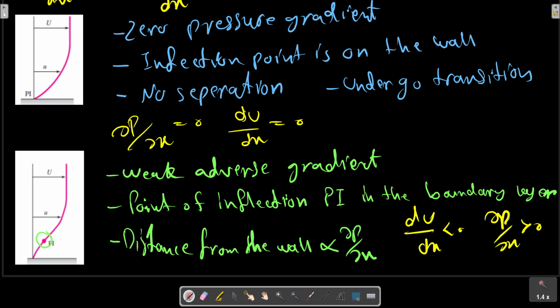There is also the critical adverse gradient. Let me provide a picture.